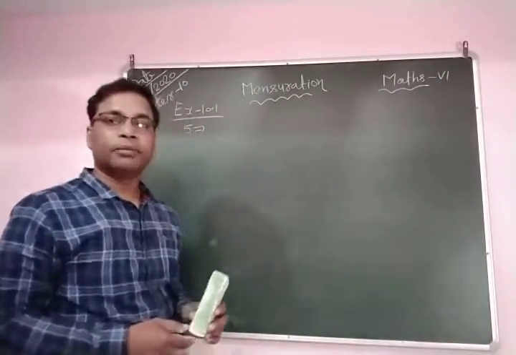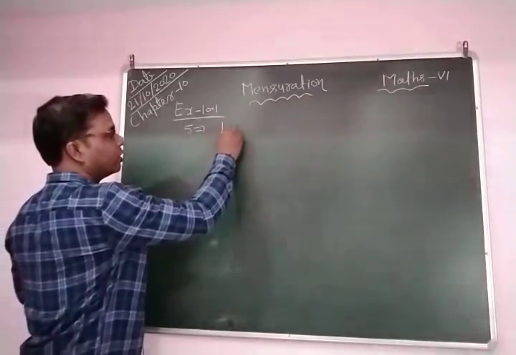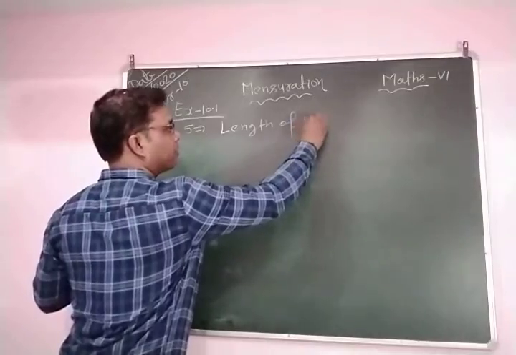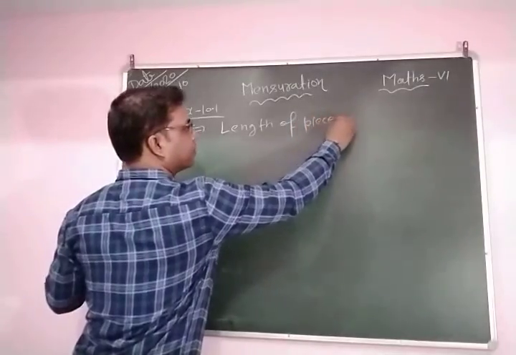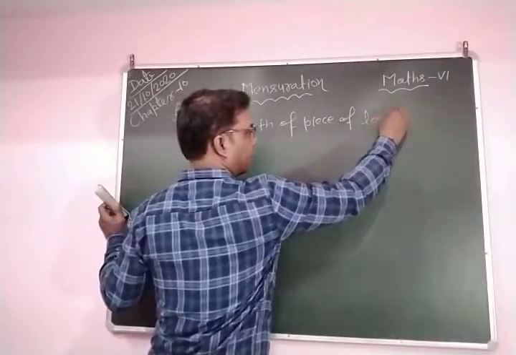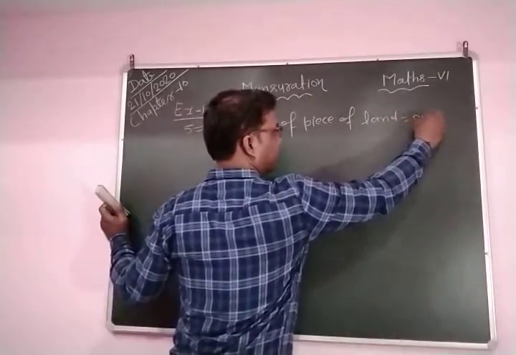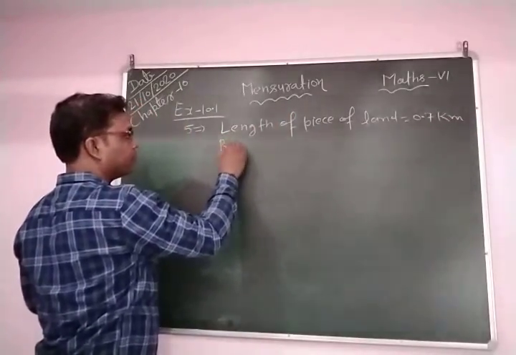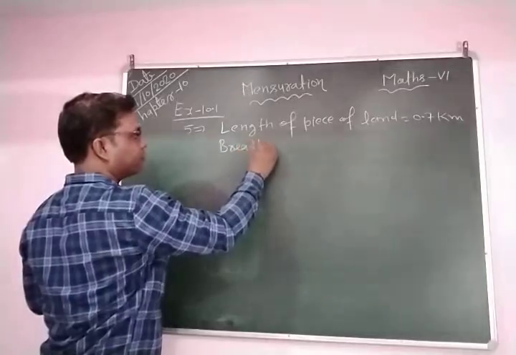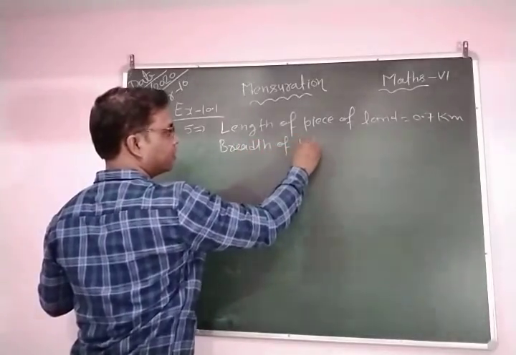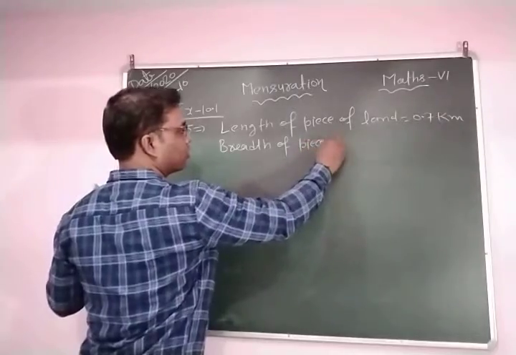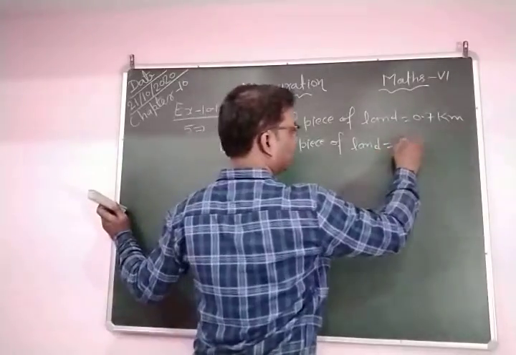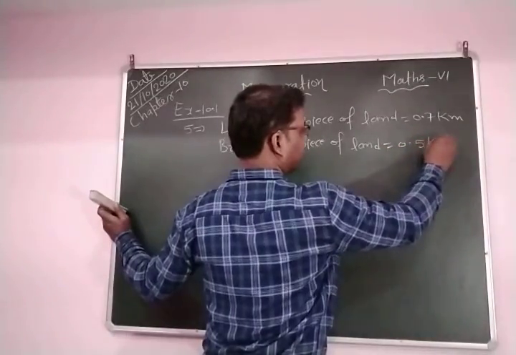So first we write here length of piece of land is equal to 0.7 kilometer. And now breadth of piece of land is equal to 0.5 kilometer.